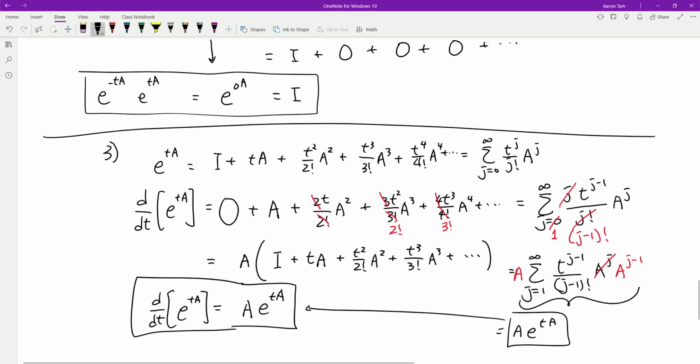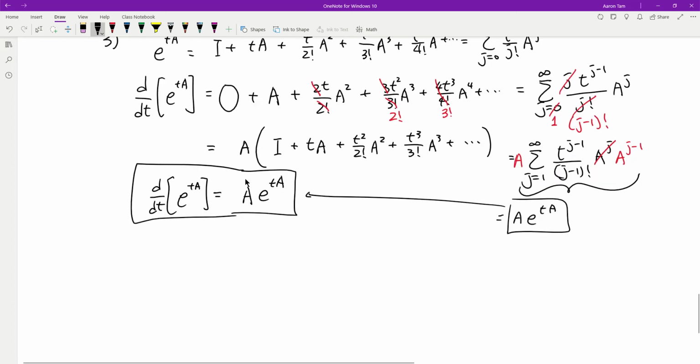So that's pretty crazy, that it actually has the same exact property as our exponential function e to the x. And that is exactly what we need, because if we want to use this to solve a system of differential equations, we need that to be true.